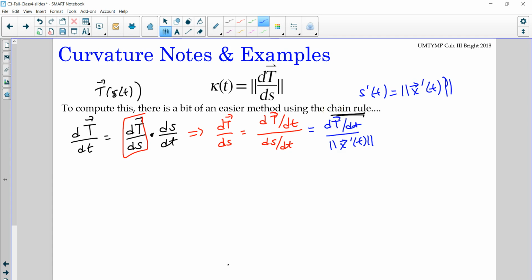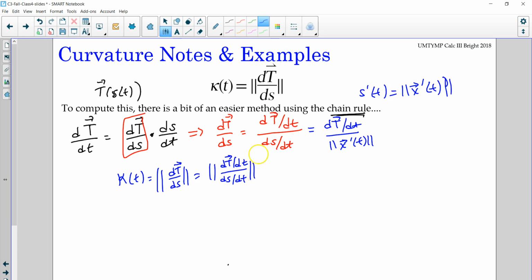So what I can say then is to get curvature, kappa of t, this is given by the length of dT/ds, which we said from above is the length of dT/dt per ds/dt.